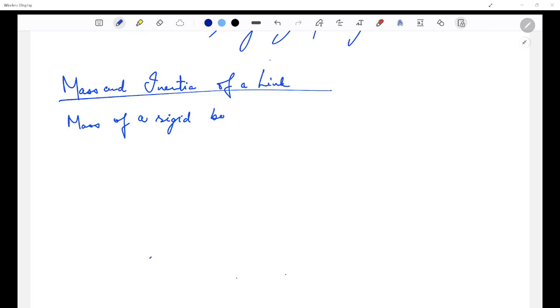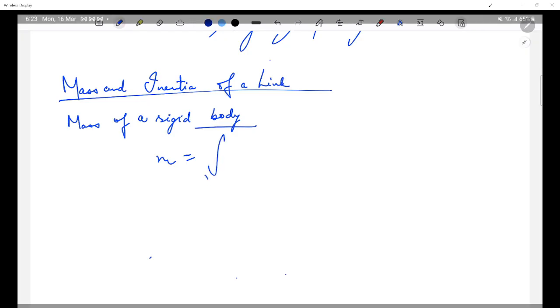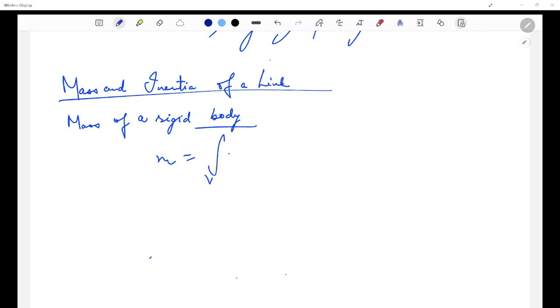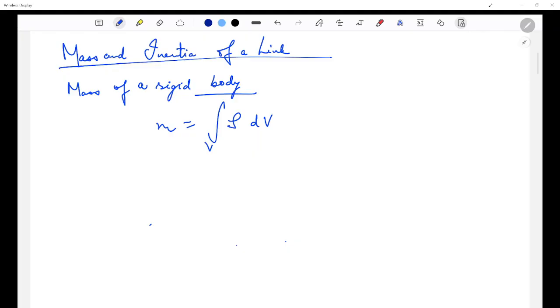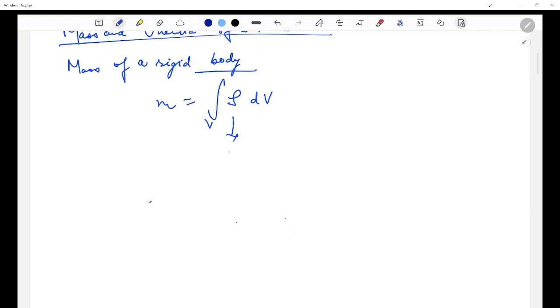How do we define the mass of a rigid body? So mass is defined by integrating the density over volume, right? This is the definition of mass, where rho is the density and V is the volume.